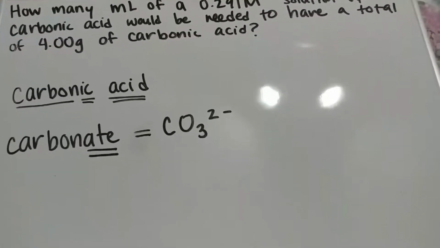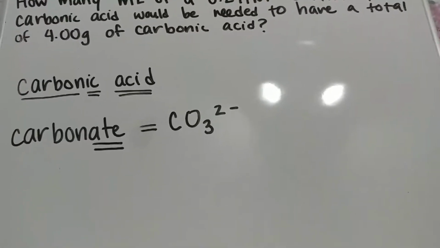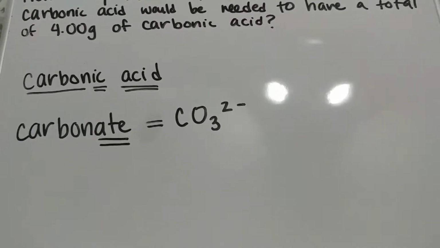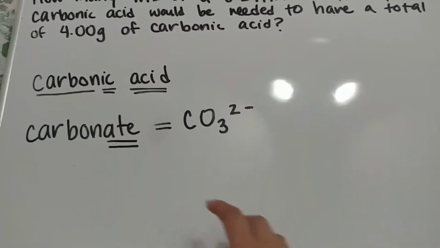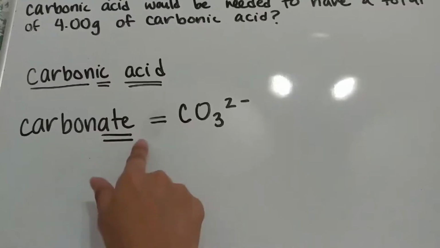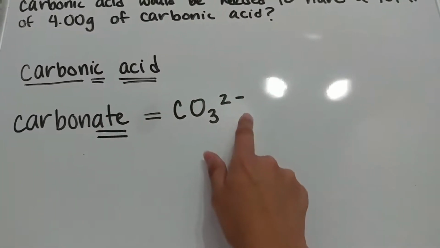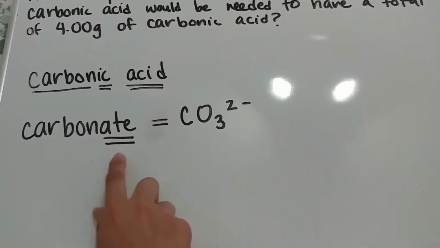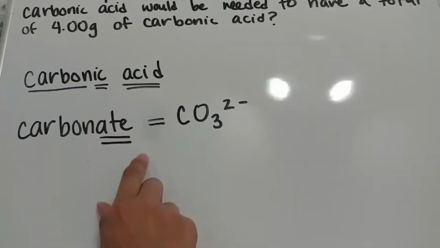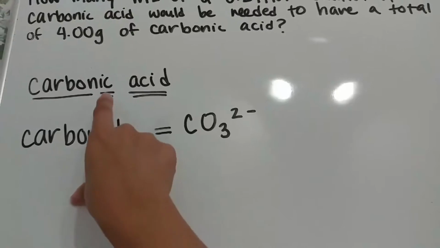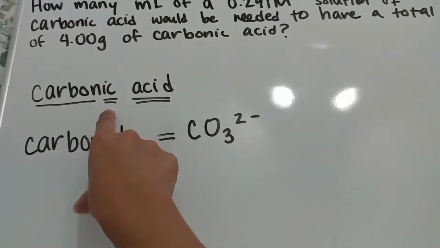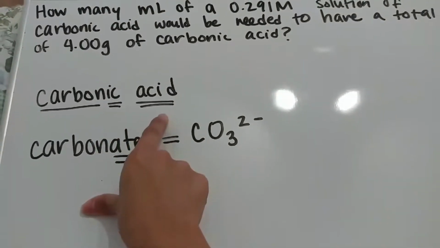So there's a rule with naming acids and bases, especially if they are common ions. For example, if the common ion carbonate, which is the formula CO3 with a -2 charge, ends with ate, it has to have an ending of ic and then acid at the end.